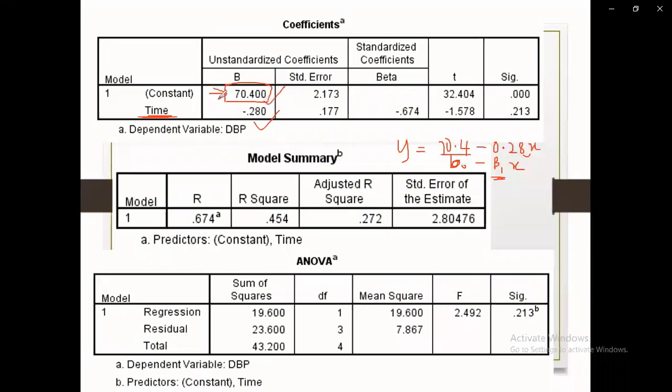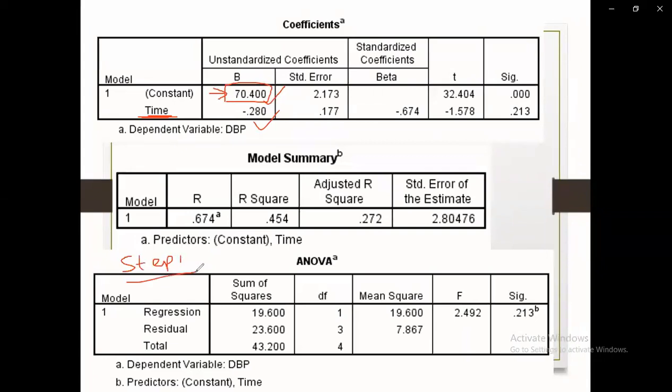So that is the constant, the estimated coefficient of the model. Then another thing we need to take note of is, in every linear regression, you need to first test the overall significance of the independent variables toward the prediction of y. That's step one, and that is done using the ANOVA table.